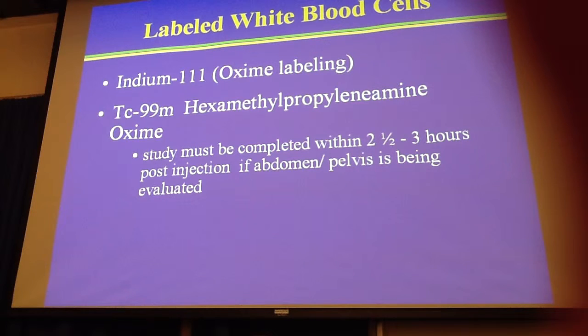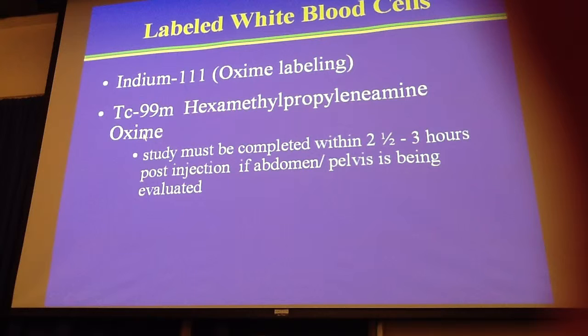Now, the other thing about HMPAO, notice that the study must be completed within 2.5 to 3 hours if you're imaging the abdomen or pelvis, because remember, this gets cleared out through the liver and excreted into the biliary tract.